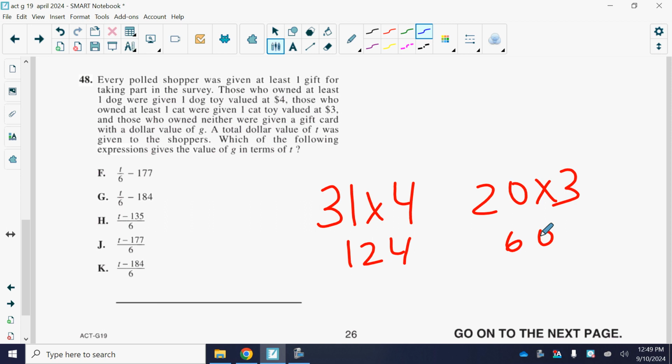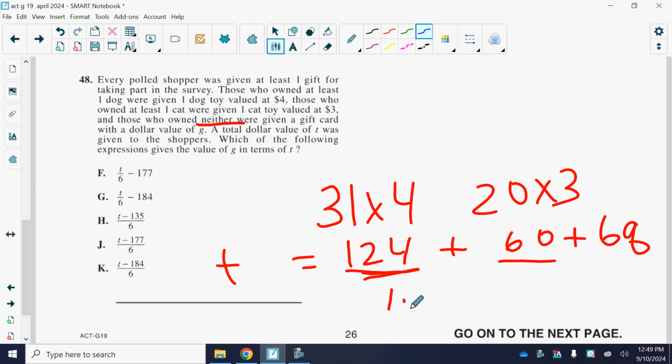And then we were giving a gift card of value G if you own neither. So I'm going to spend 124 of this for the dog toys, and then plus 6G to get a total, huh? The T is the total I spent.